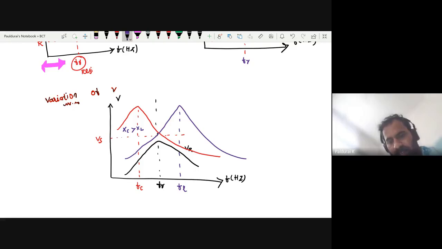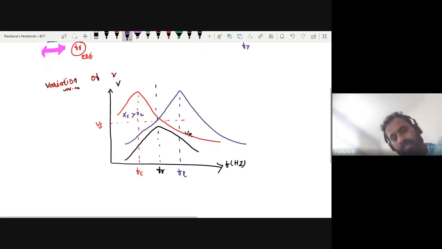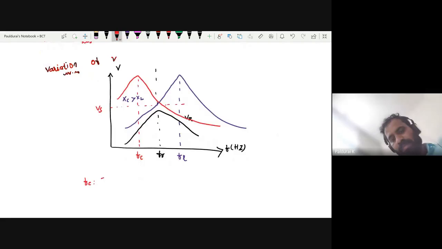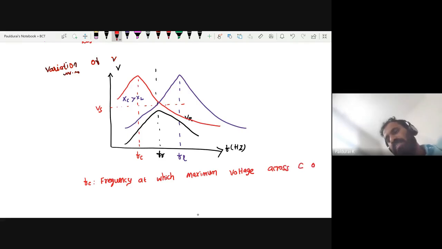So what is FC and what is FL? This is very important. FC is the frequency at which maximum voltage across the capacitor occurs.